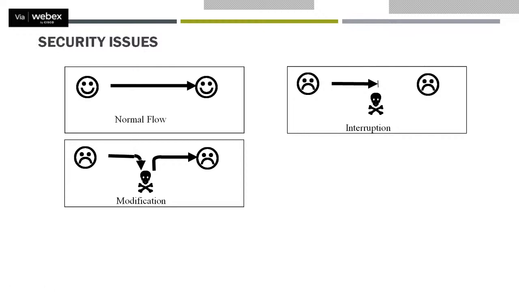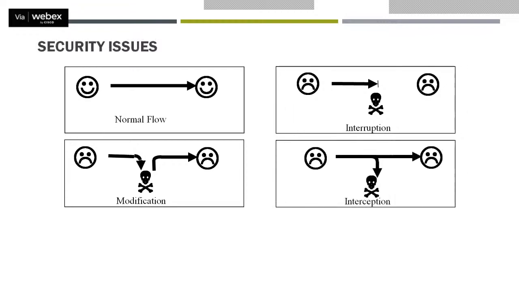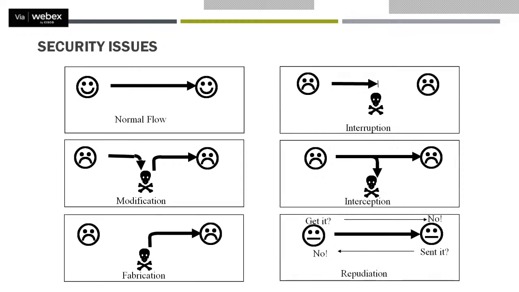Someone is sitting in between our sender and receiver, and he tries to get the information, modify it, and then send it further. Okay, so that is called a modification kind of attack. Then interception, basically just listening to the traffic or the packets which are going through the network. Okay, that is called interception. Then fabrication is something called impersonation.